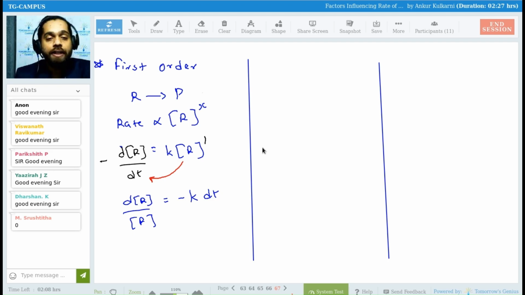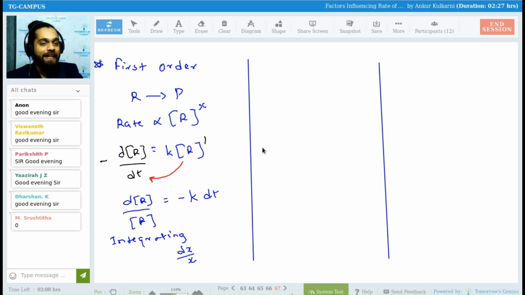Now, if I take the integration over here, integrating both sides, tell me dx by x, what is the integration? My physics students, my maths people, dx by x. Integration, not derivative.